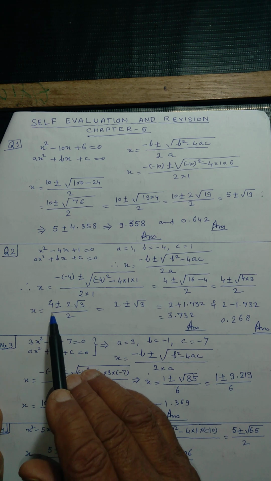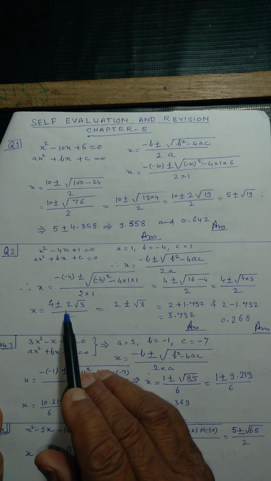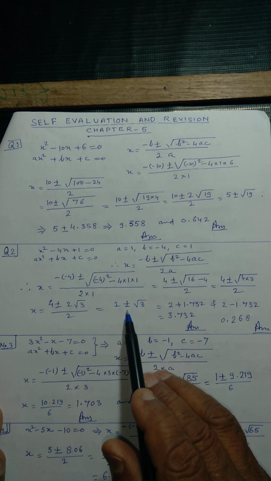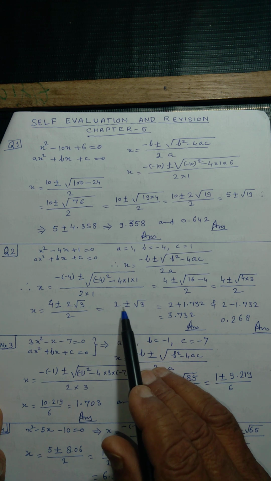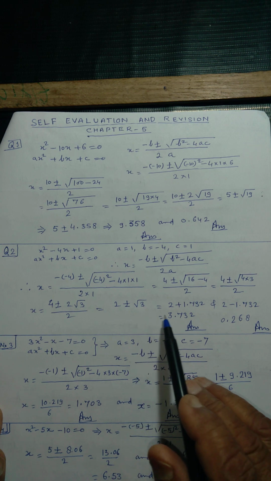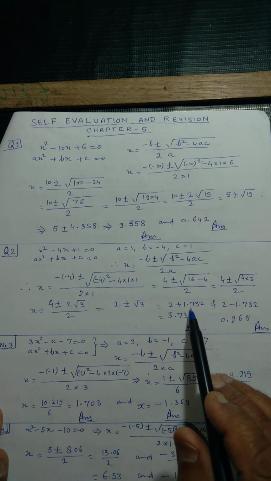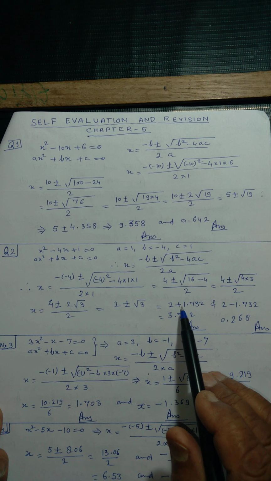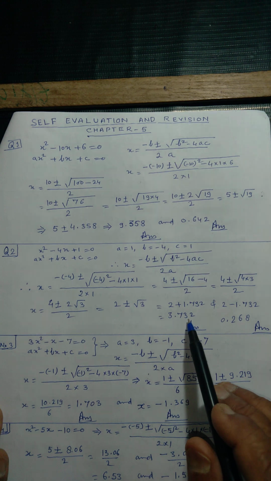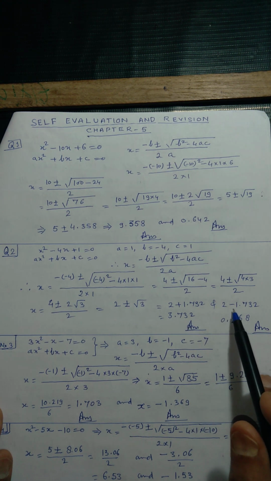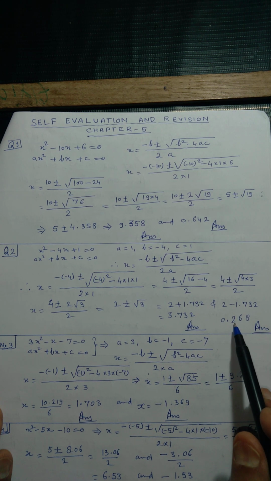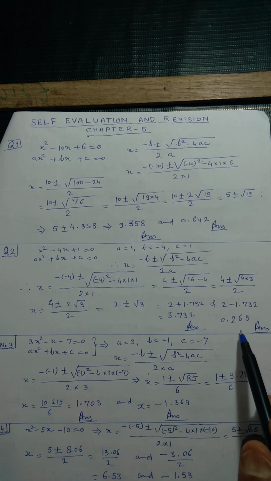Here x will be equal to 4 plus minus 2 root 3 by 2, equal to 2 plus minus root 3. The value of root 3 will be equal to 1.732. So 2 plus 1.732 will be equal to 3.732. In the second case, 2 minus 1.732, we will get the result 0.268. These are the two answers of question number 2.